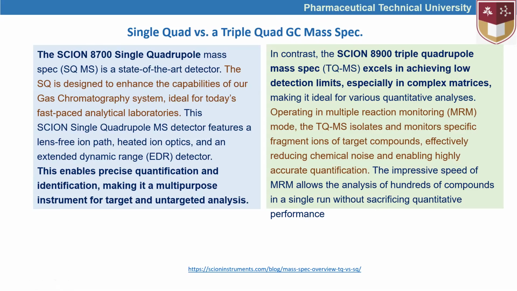So the advantage of the triple quadrupole is not only in the detection of low abundance compounds, but also that hundreds of compounds can be identified in a single run without sacrificing quantitative performance.